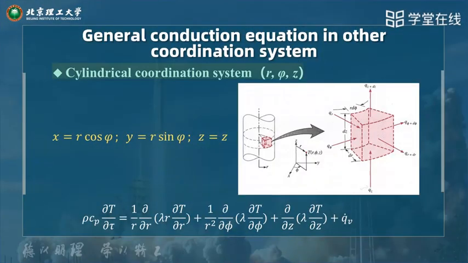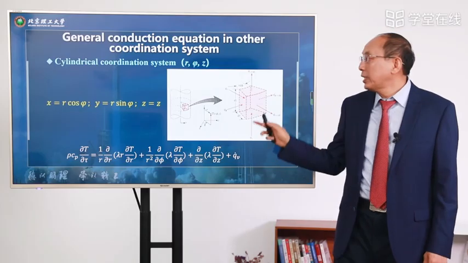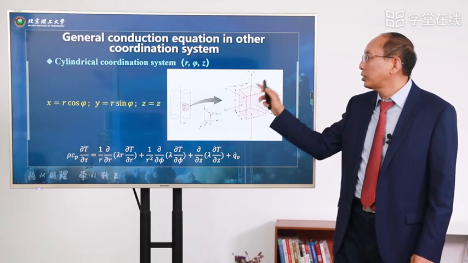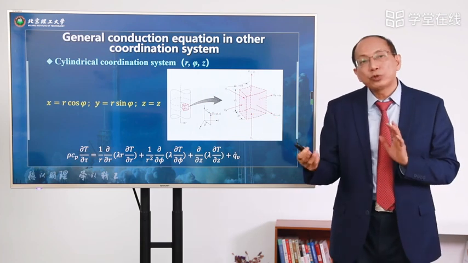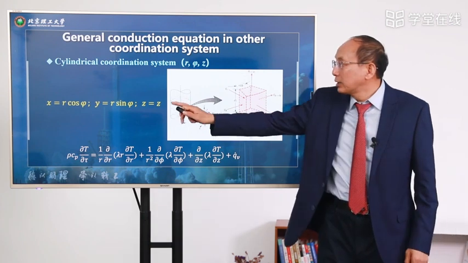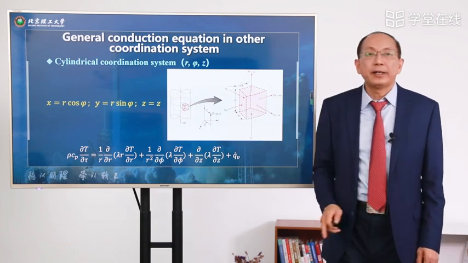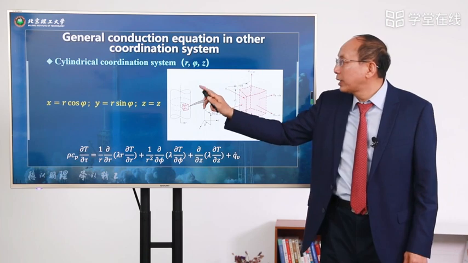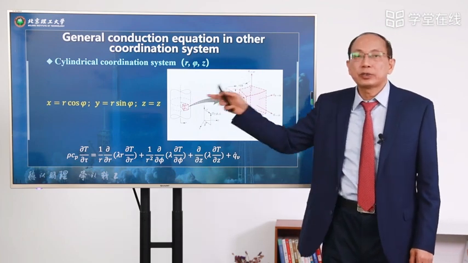For example, in the cylinder coordinate system r, phi, z, we can do a coordinate change: x equals r cosine phi, y equals r sine phi, z equals z.